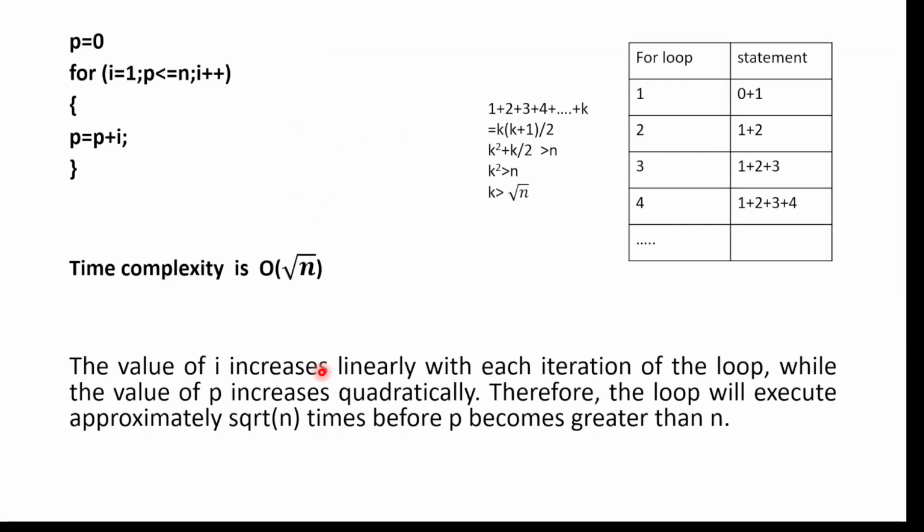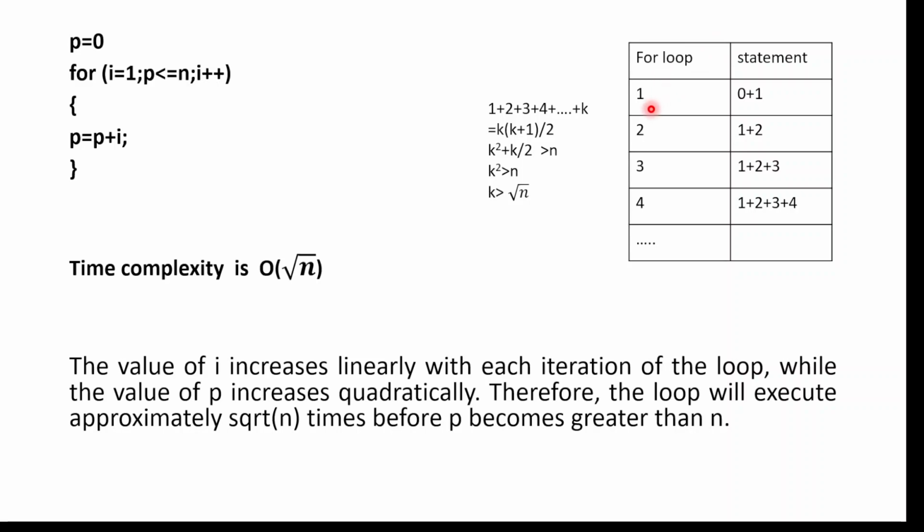Now we will see another example where the value of p is given as 0, and the for loop is ranging from i equal to 1, p less than or equal to n, and i is getting incremented. The statement says p equal to p plus i. Let us again see the number of times the for loop is getting executed based on the value of p.